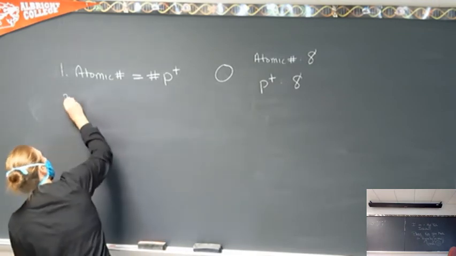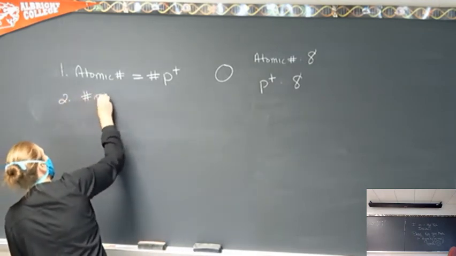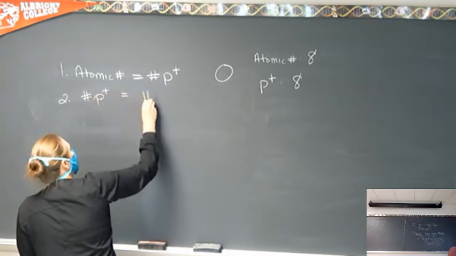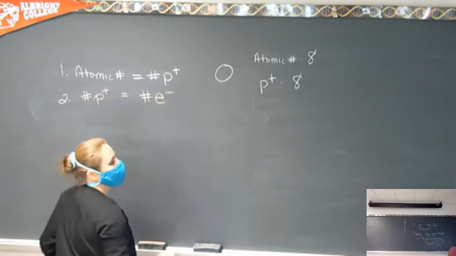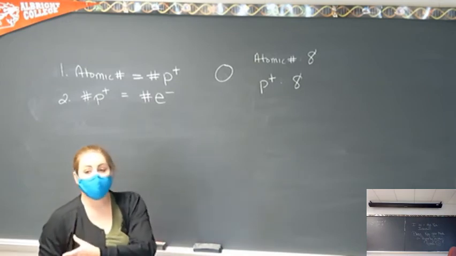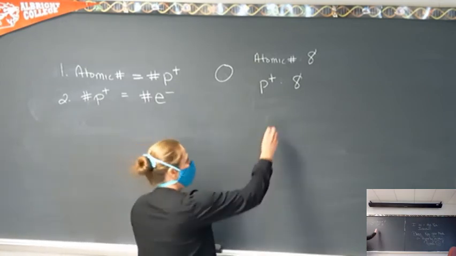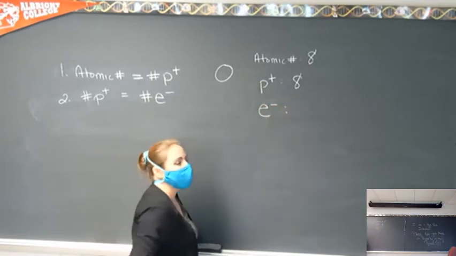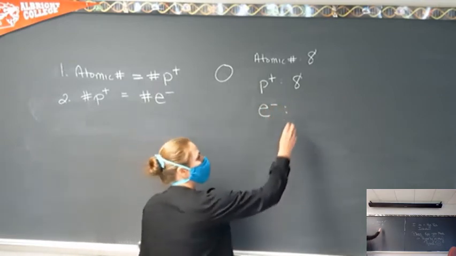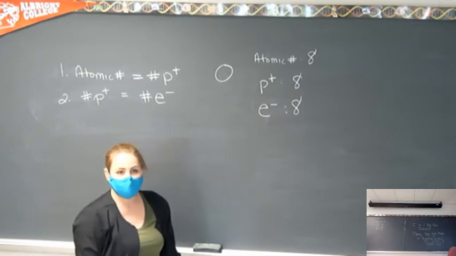The second rule says that the number of protons equals the number of electrons. Think of it as the positive equals the negative in order to cancel them out so that the atom is neutral. So if there are 8 protons, there are also 8 electrons.